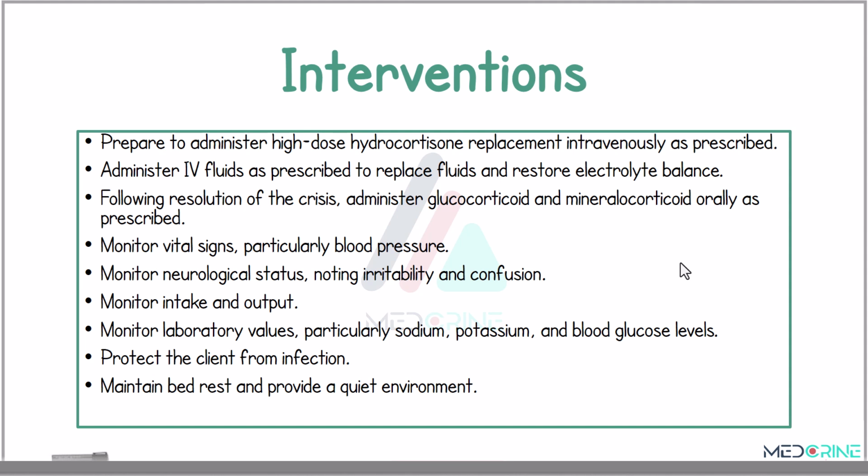A close monitoring of vital signs, neurological status, fluid intake and output, and lab value monitoring, particularly sodium, potassium, and blood glucose levels. Patients should remain on bed rest in a quiet environment, and we need to protect them from infection.